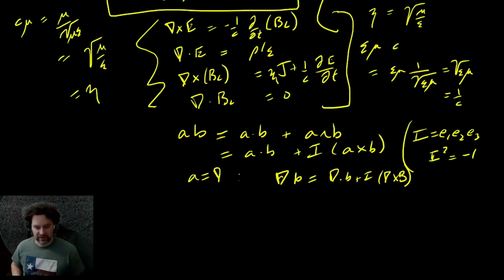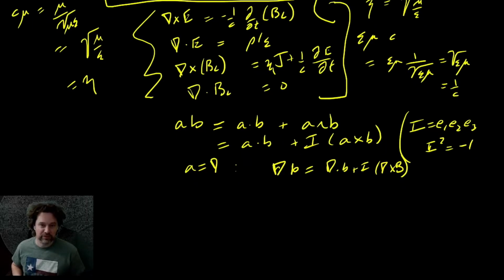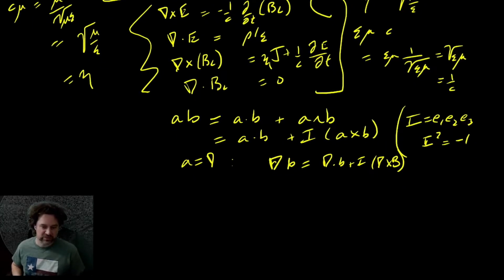And we see the perfect opportunity to apply that here in Maxwell's equations because we have grad dot E and a grad cross E, and we have a grad dot BC and we have a grad cross BC. So let us combine these pairwise equations into two gradient equations operating each on an electric or magnetic field.